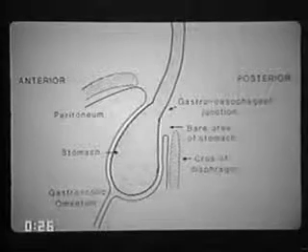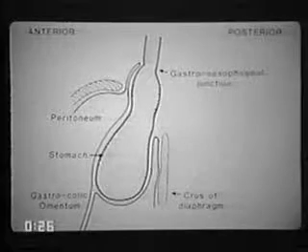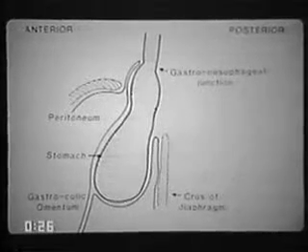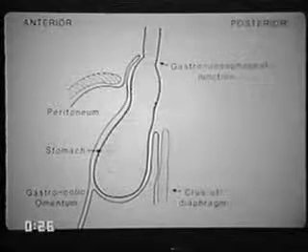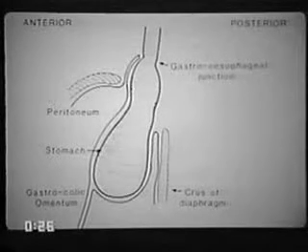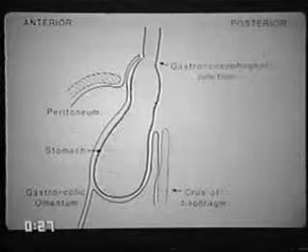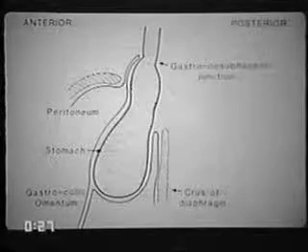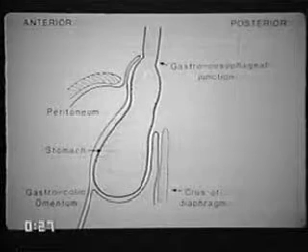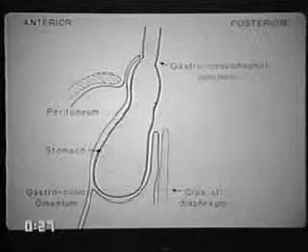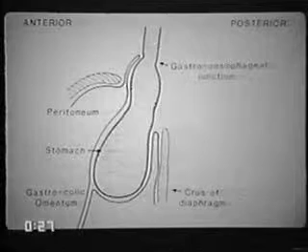Now, when we have a typical sliding type hernia, the phrenoesophageal membrane continues to insert at least for a portion of the circumference of the gastroesophageal junction anteriorly, and there is a linear sliding of the stomach and gastroesophageal junction in line with the esophagus up into the mediastinum.